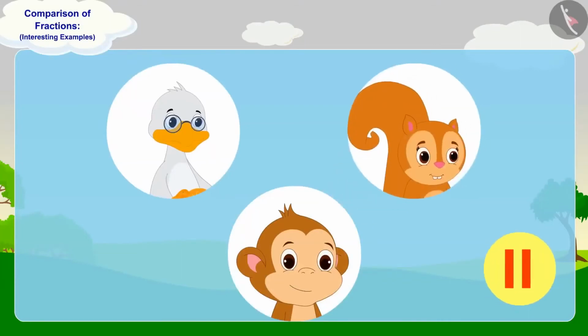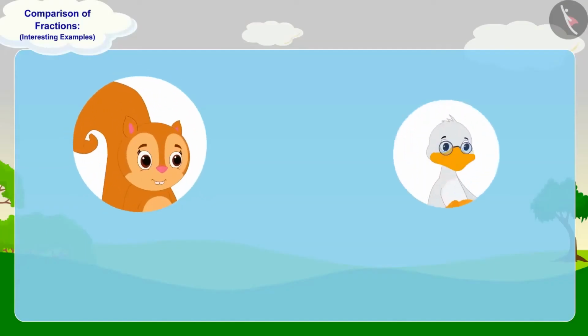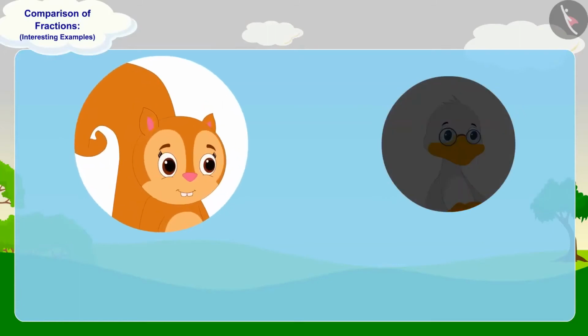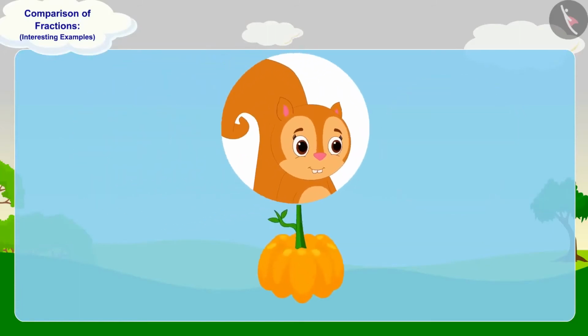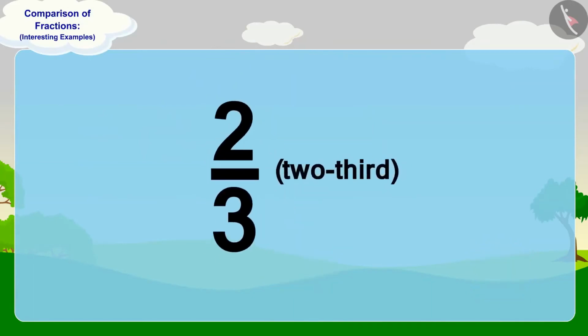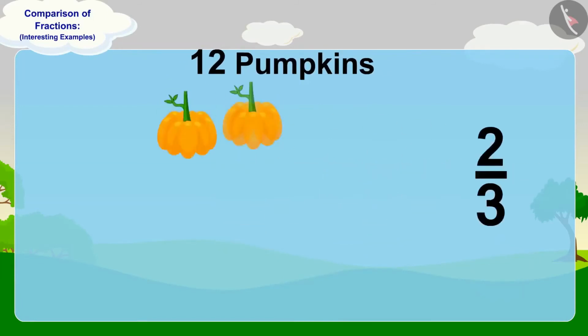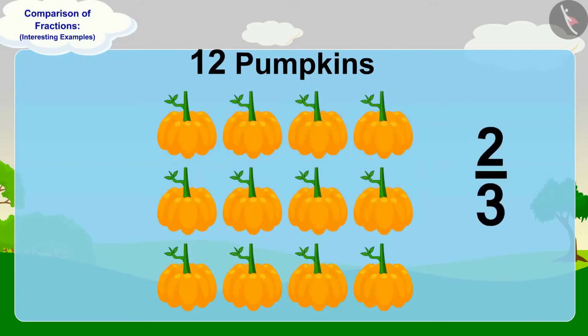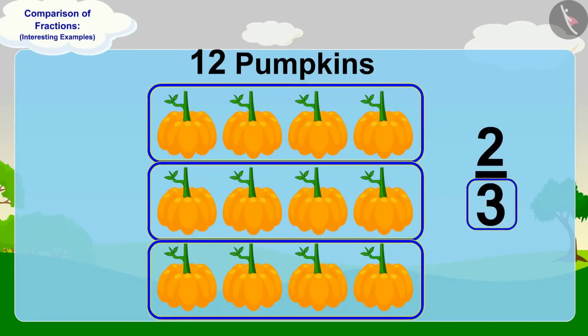You can find the answer by stopping the video. Well done, children! You have found the perfect answer. First, we will find the number of pumpkins that Chanda gets. To find 2/3 of 12 pumpkins, we have to divide 12 pumpkins into 3 equal parts.